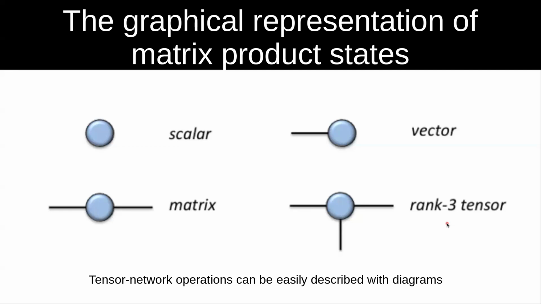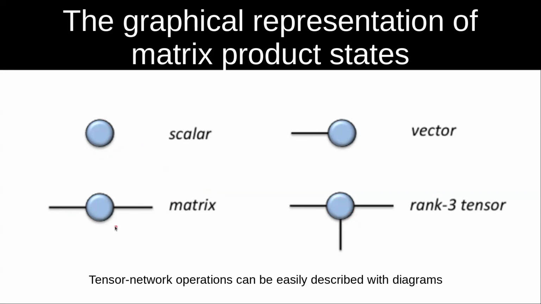So, as you recall, the idea of matrix product states is that we wrote a wave function using a tensor, and in particular using a product of local matrices. And for tensor networks and matrix product states, it is usually very useful to have this type of schematic. So we denote scalars as a single point or a single circle, vectors as a point that has one leg, matrices as a point that has two legs, and then generalizations of matrices that we call rank 3 tensors as points that have three legs.